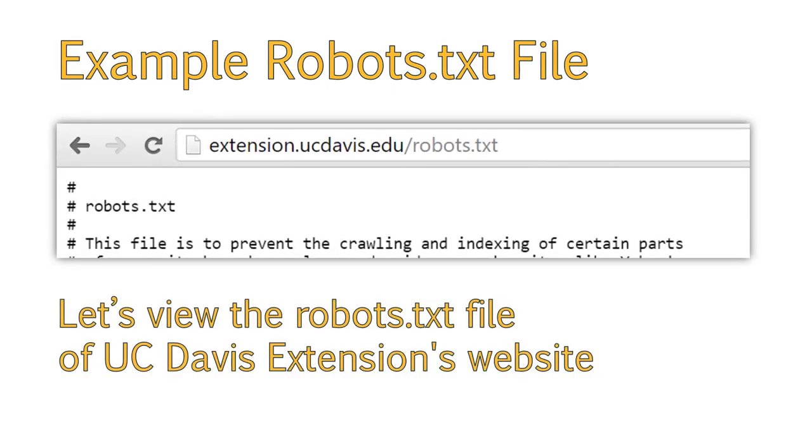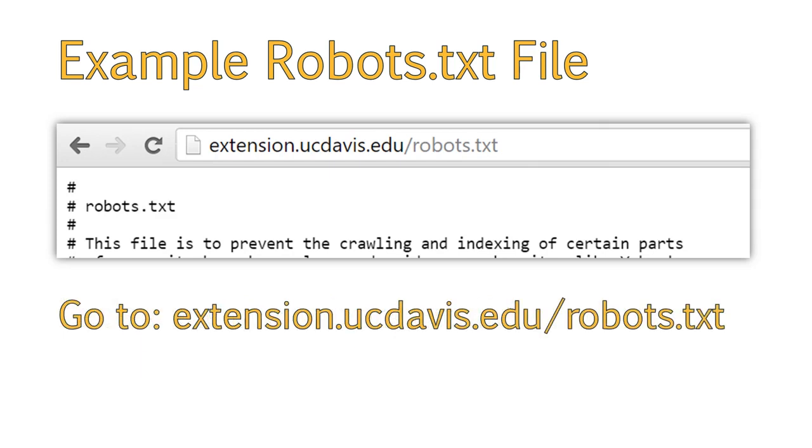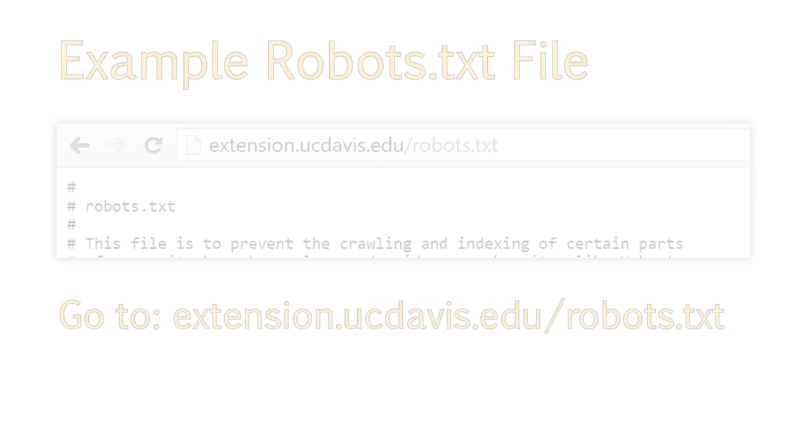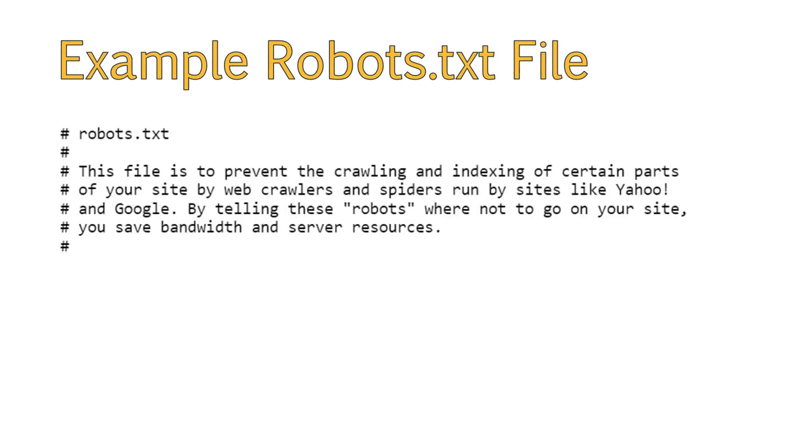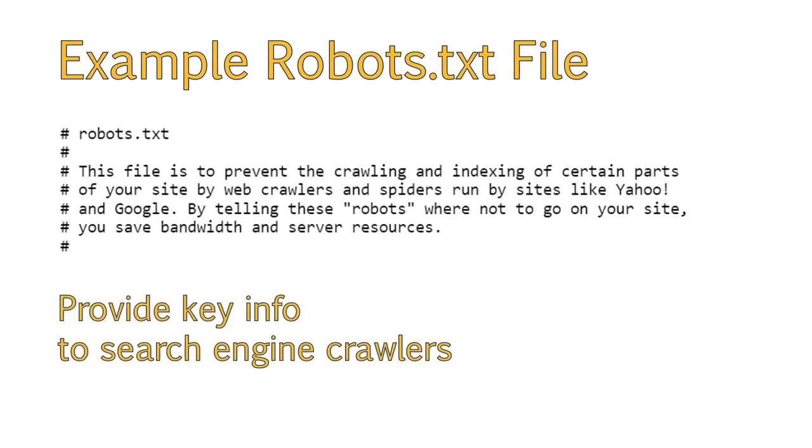For example, we can view the robots.txt file of UC Davis Extension's website. If you go to extension.ucdavis.edu/robots.txt, you can see what their robots.txt file looks like. If you take a look at their file, you will see a couple different areas that provide key information to search engine crawlers.